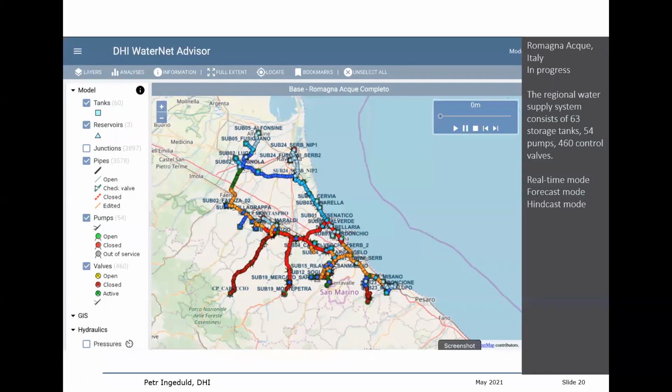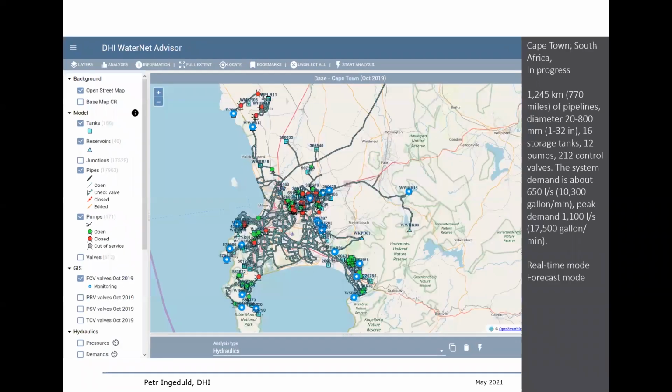There are 54 pumps, 63 storage tanks. So this is almost 600 sensors that are used to update the model, and then we have others for comparison purposes. The system runs in the real-time mode. We do forecast, we do hindcast simulations.